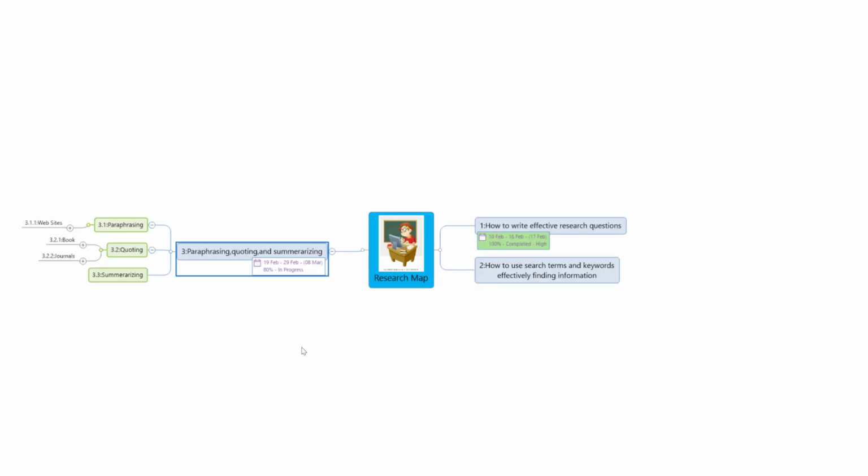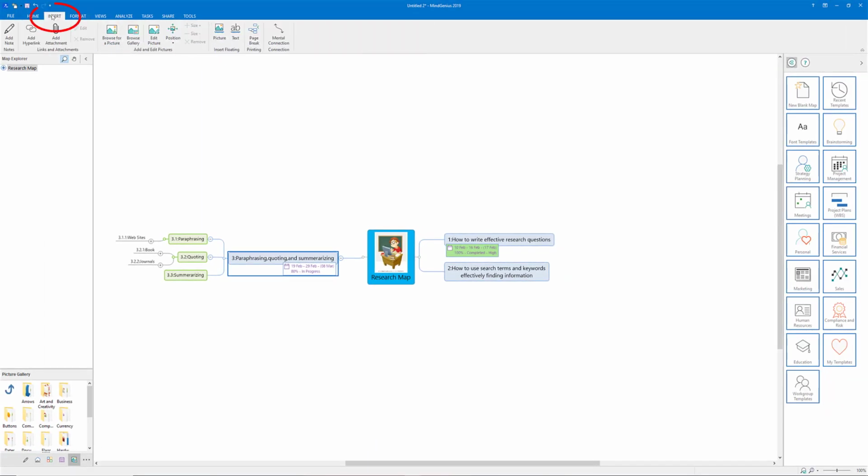What about if two topics are similar and you want to kind of interconnect them? Not a problem. Come up to insert. So if I click on it, hold the left button and drag where we want to connect it to. And that will drag. And if I hold the left button, I can then move that into the position I want. And then I could say what that mental connection is. Double tap.